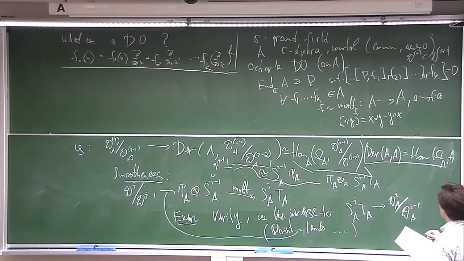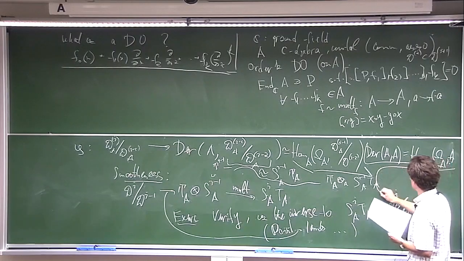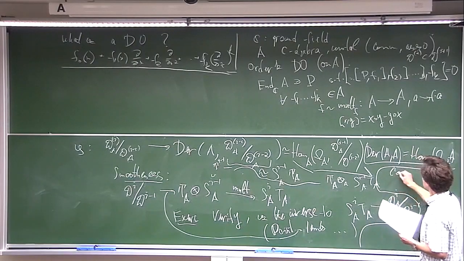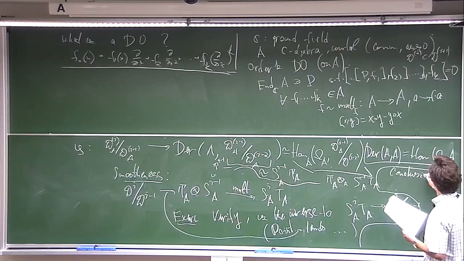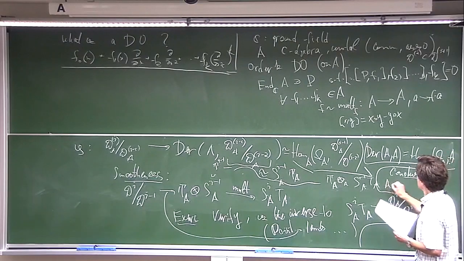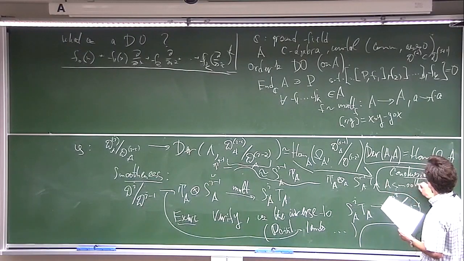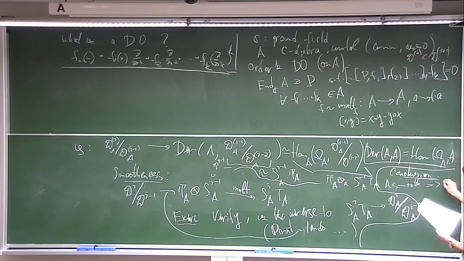So one conclusion, this is of course all important conclusion, is that A smooth implies the algebra of differential operators is generated by the vector field.